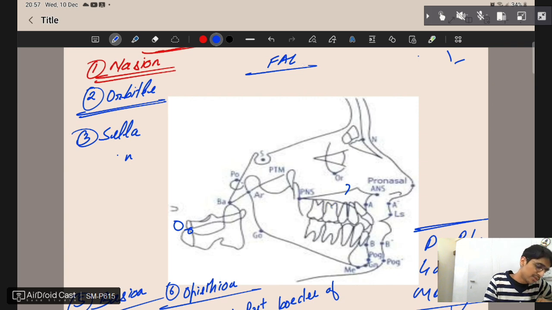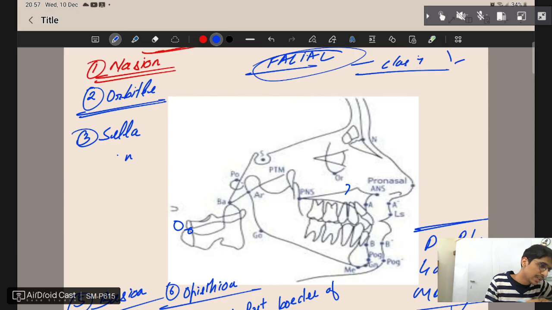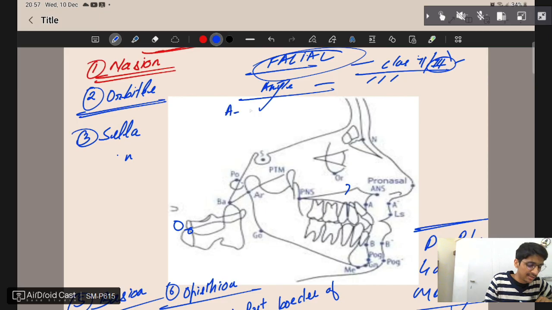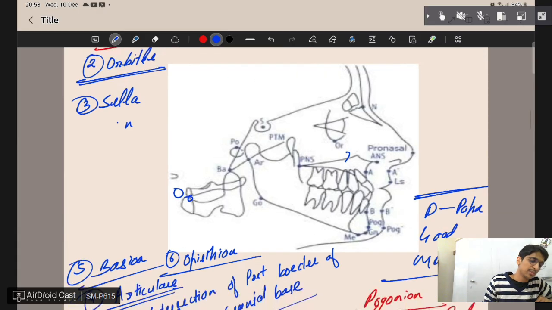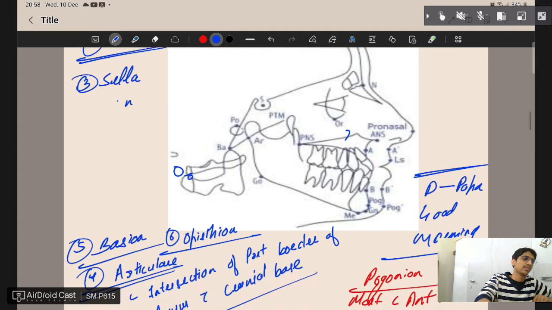So what we have discussed till now is that facial angle is telling about class 2, class 3. The second is angle of convexity, which is telling about the same, class 2, class 3. AB plane angle is also saying the same thing, class 2, class 3. But y axis is the only thing which is telling about the growth of the patient, whether it is a horizontal grower or a vertical grower.